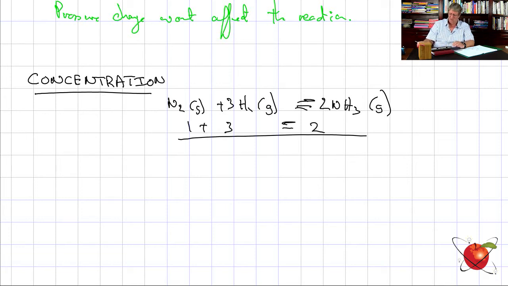Okay, now concentration change. Well, what does it mean if we change concentration? It means we either add more stuff or reduce stuff. All right? So we can now say I can add more reactant, I can add more product, I can take away product, I can take away reactants, okay?